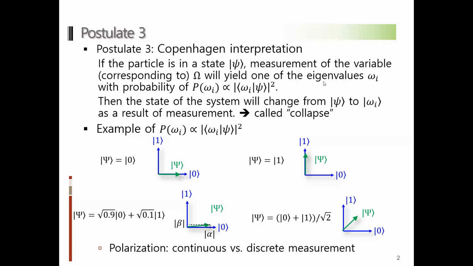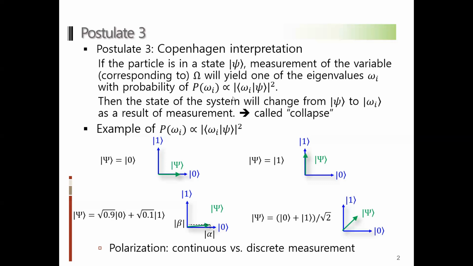There might be many different eigenvalues. Then which value shall we measure at each measurement? The next statement says that the probability of measuring this omega sub i is proportional to this expression.